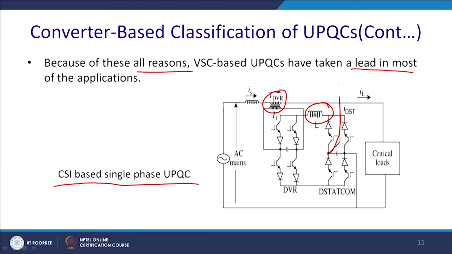Since the inductor is quite heavy, it comes with copper and iron, it is also bulky, but this may be the structure of the single phase CSI based UPQC.